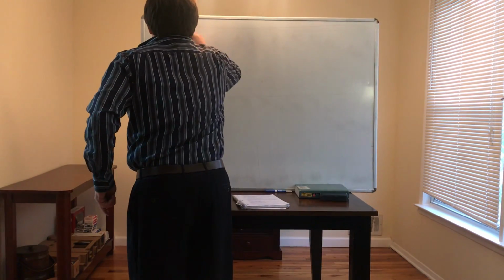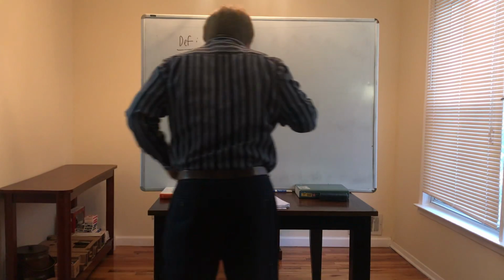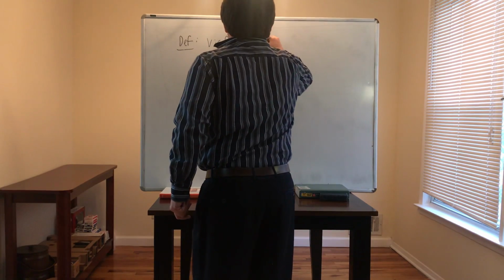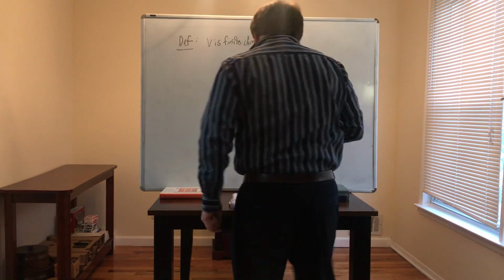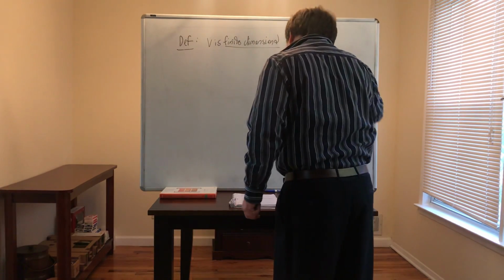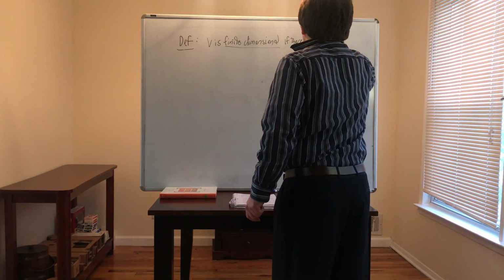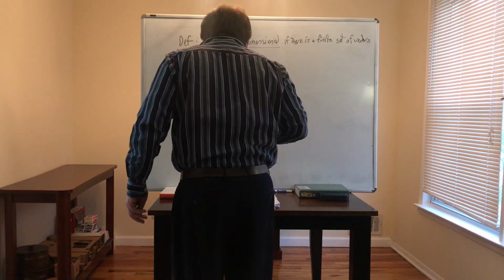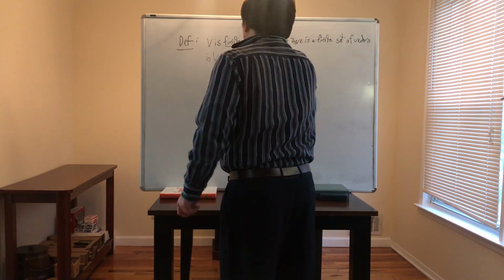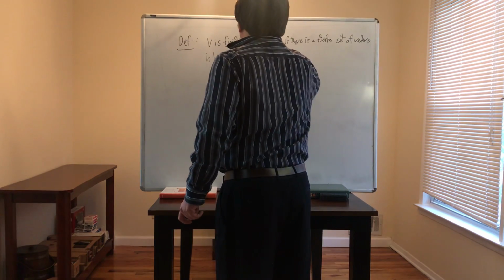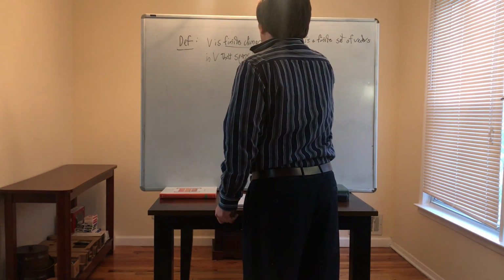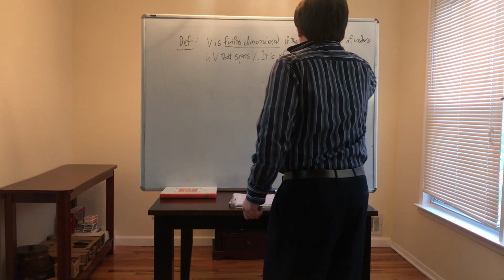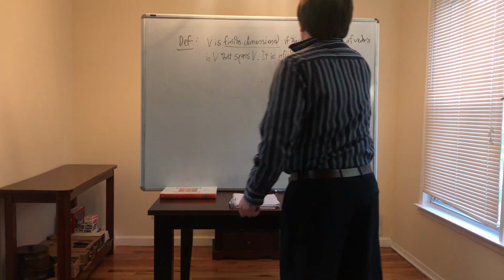So, definition. A vector space V, here this capital V is a vector space, is finite dimensional if there is a finite set of vectors in capital V that spans V. It is infinite dimensional if no such set exists.